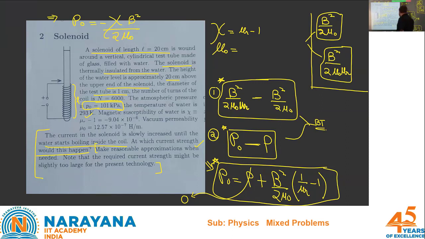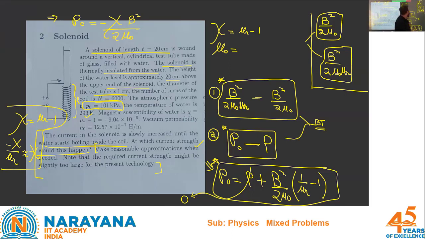Because he has given that equation, the chi term that was given to you was mu r minus 1. That is given. One more thing that I have done here is chi upon mu r को लगभग chi लिखा है. Chi upon mu r, it's a valid assumption, is approximately equal to chi or minus chi. ये किया. So after this approximation which I have taken, this is perfectly fine. Looking into the values, you can take approximations.